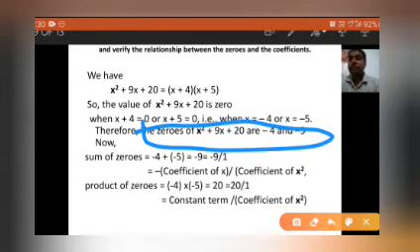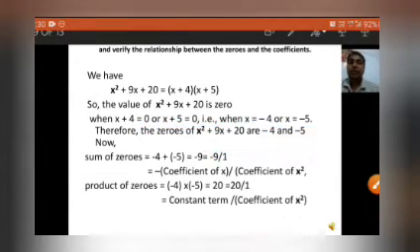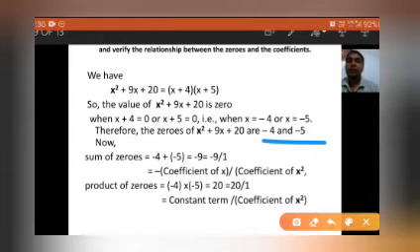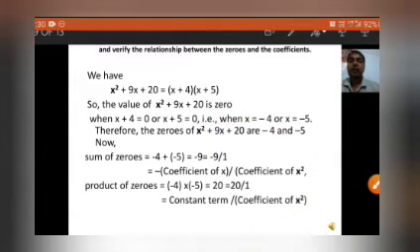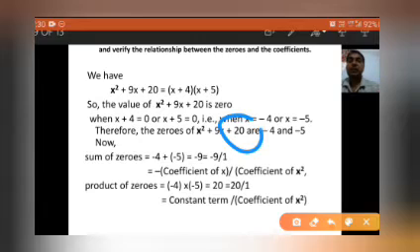Now the relation between the zeros: the sum of the two zeros, minus 4 plus minus 5, is minus 9, which can also be represented as minus 9 divided by 1. In this polynomial, the coefficient of x is 9, the coefficient of x square is 1, and the constant is 20.